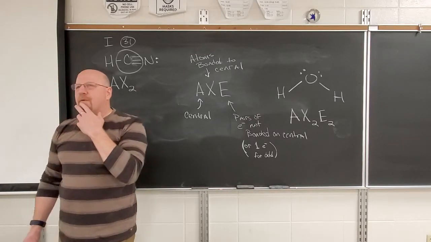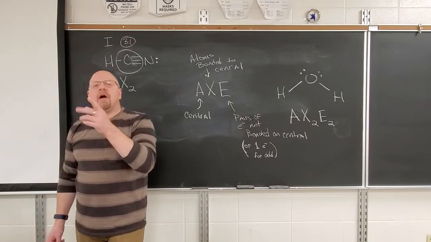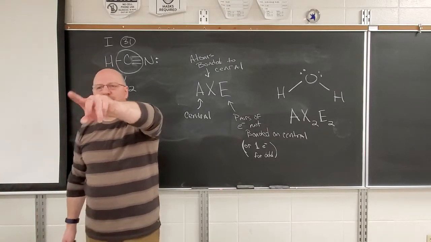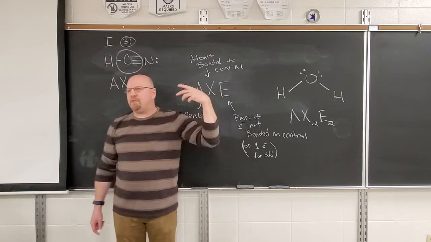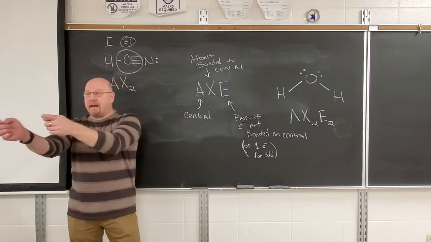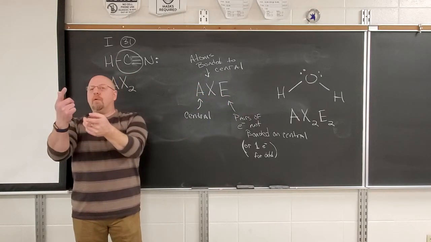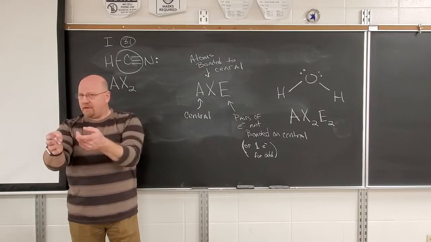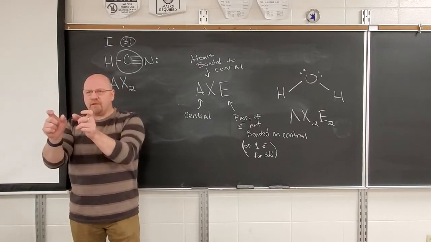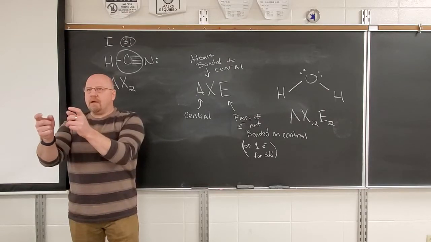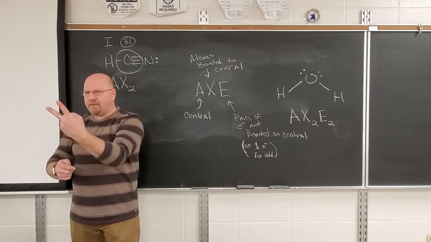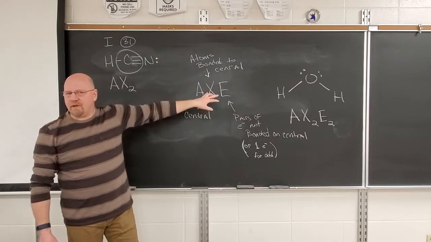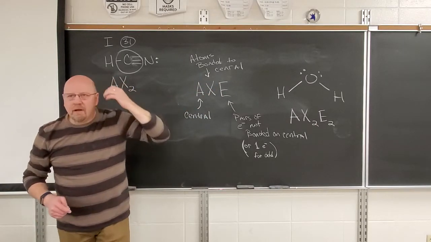I'm trying to think if I want to do that one. Okay, pick one that's got more than 2 atoms because we need to have a central atom. If you've only got 2 atoms, there's no central. We really wouldn't do a VSEPR notation with that one because there is no central. So anything that's just got 2 atoms, we're going to ignore this. We don't do a VSEPR notation. So go ahead and pick another one.